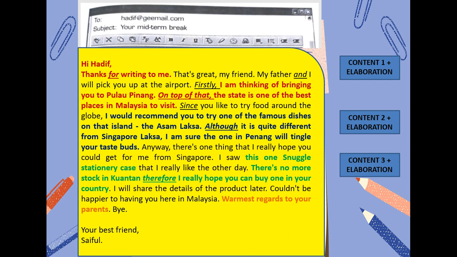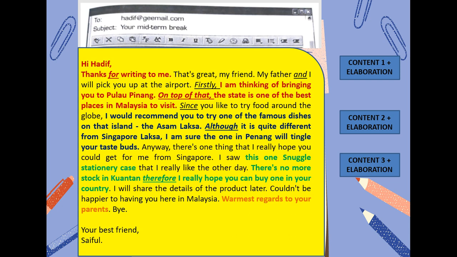Since you like to try food around the globe, I would recommend you to try one of the famous dishes on that island, the Asam Laksa. Although it is quite different from Singapore laksa, I am sure that one in Penang will tingle your taste buds.